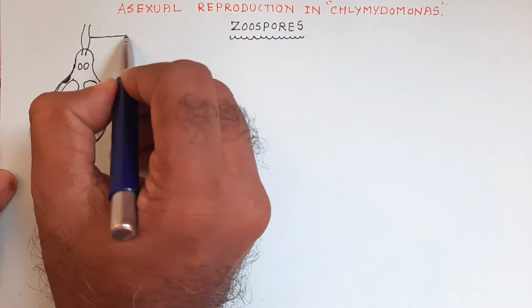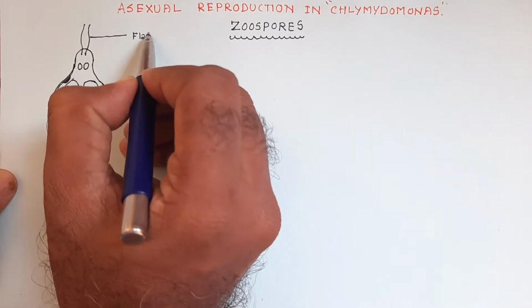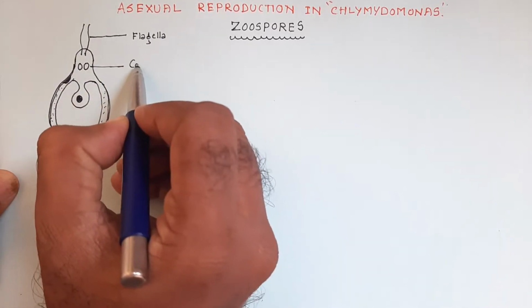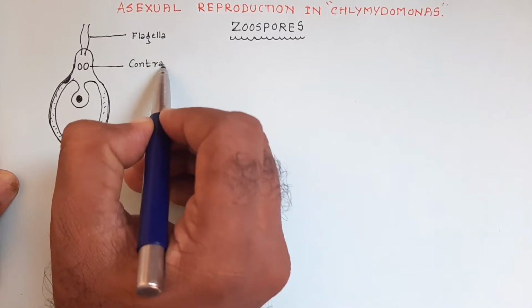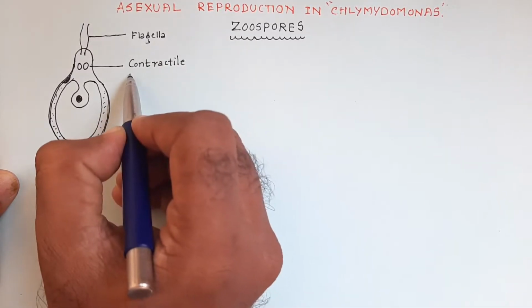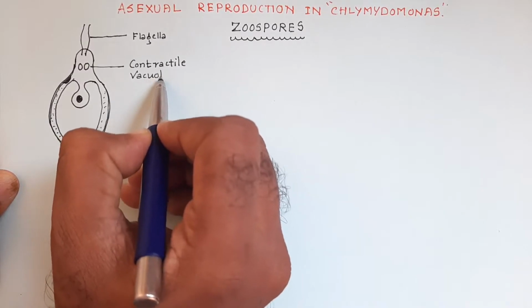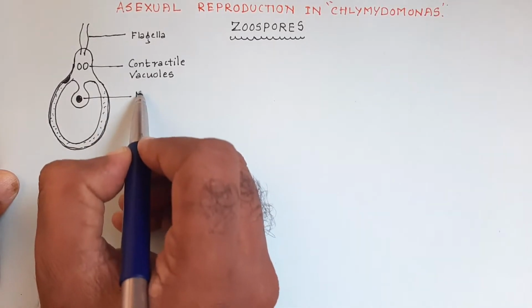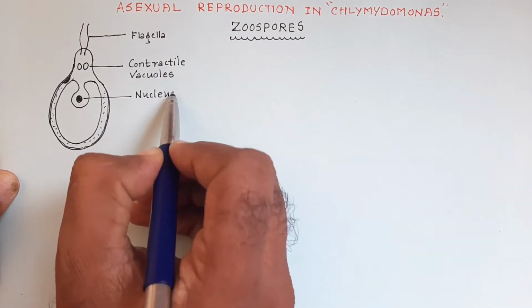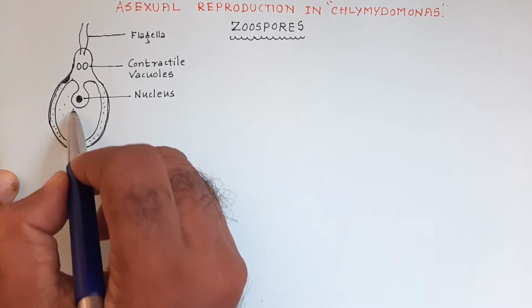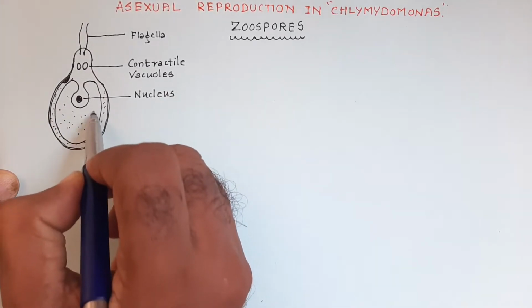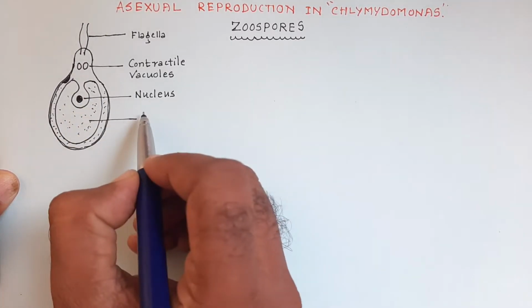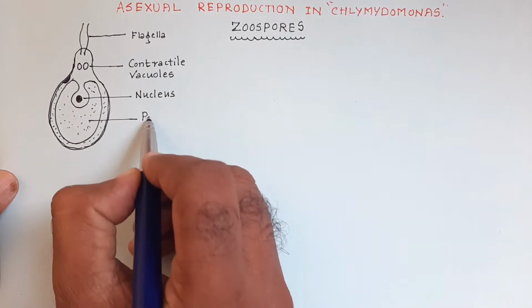Here you will find the flagella, contractile vacuoles, then the nucleus, and this is the protoplast, a significant part of Chlamydomonas.